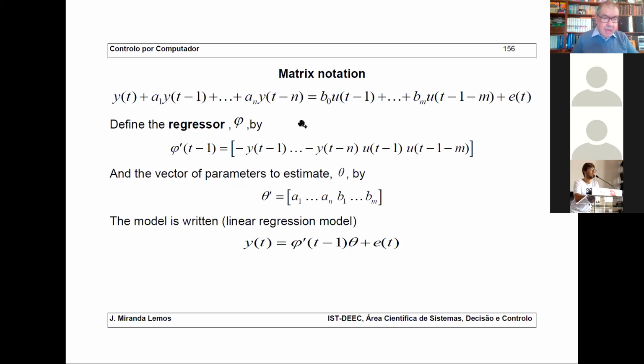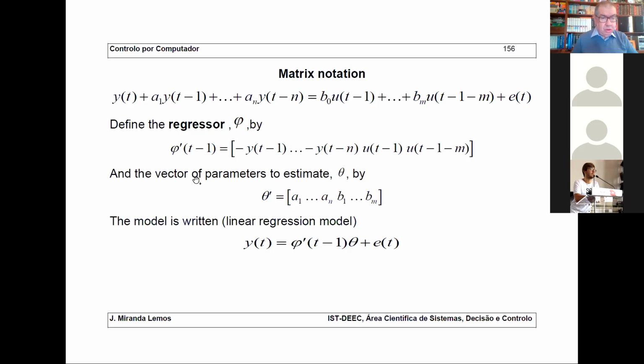So what I am going to do is express y as a linear combination of the previous y's and the previous u's. So I define what I call a regressor, okay? And the regressor, I call it phi, this is the Greek letter phi, and the regressor has all the data that you have, okay?